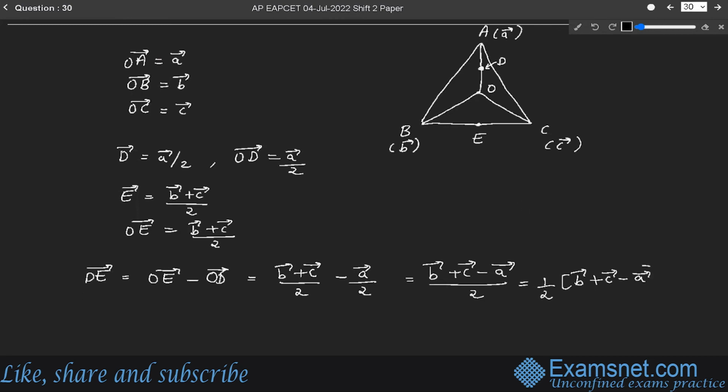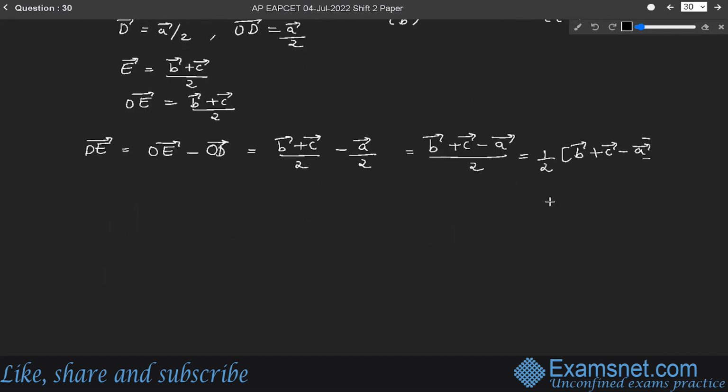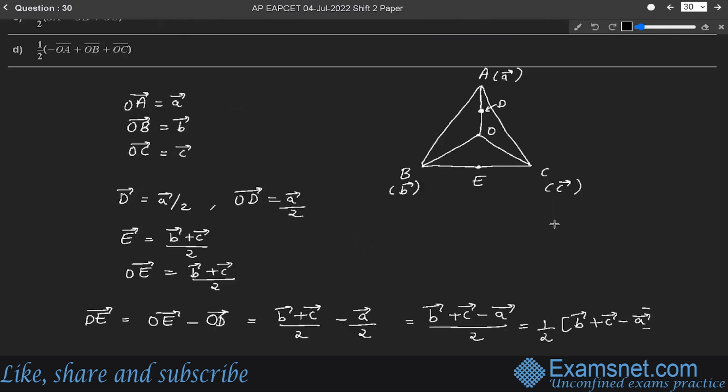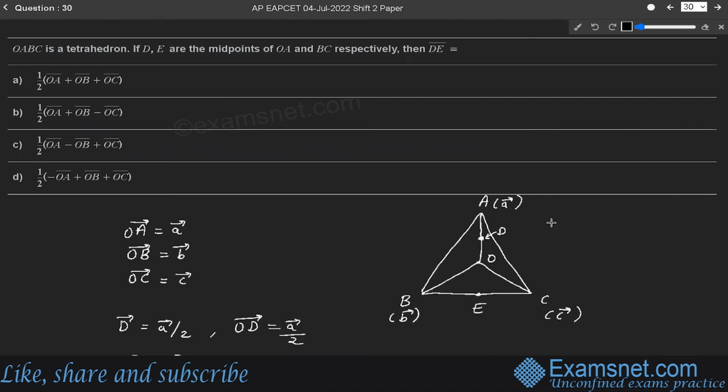Now we know that b vector is equal to OB vector, c vector is equal to OC vector and a vector is equal to OA vector. So putting the values, it will be half of (OB vector plus OC vector minus OA vector). This is the required value for the given question. Therefore, out of all the given options, option number D is the correct option here.